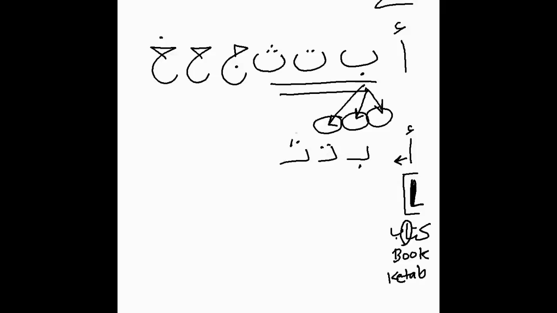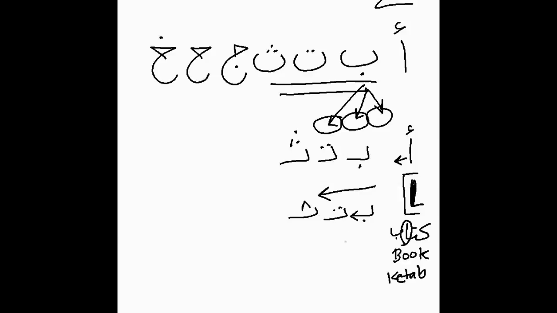Tha will look like this. This is at the beginning. And just remember, we go from right to left. So here is the beginning, and here is the line that is going to connect with the word afterward. So you have ba, you have ta, and you have tha.